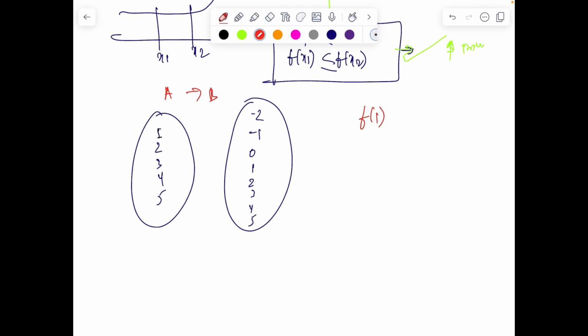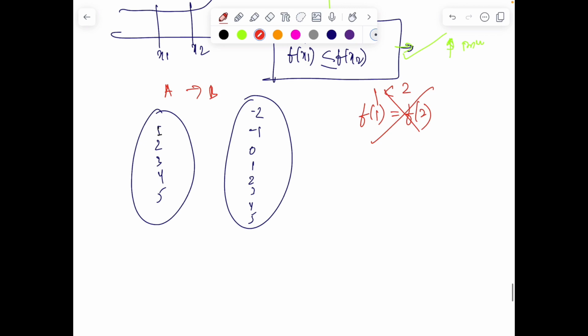So we can't have 1 going to minus 2 and 2 going to minus 2, because in that case, f of 1 will become f of 2, even if 2 is more than 1. So this is not strictly increasing, right? So one of the answers will be, let's say 1 goes to minus 2, 2 goes to minus 1, 3 goes to 0, 4 goes to 1, and 5 goes to 2. So this is possible because we want the output also to increase when the input is increasing.